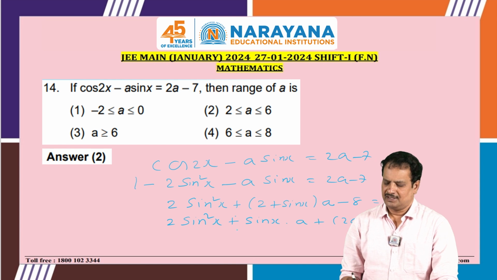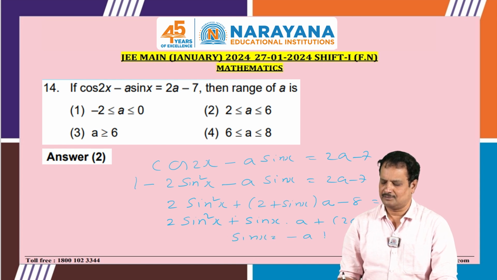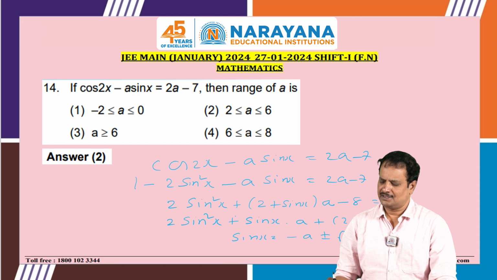So we can solve this one for sin x here. Sin x equal to minus b plus or minus root over b square minus 4ac. That is nothing but a square minus 4 into 2 into (2a minus 8), whole divided by 2 into 2 there.